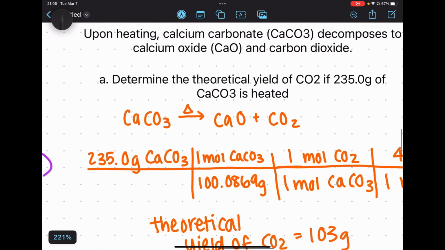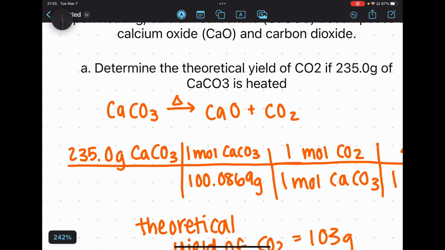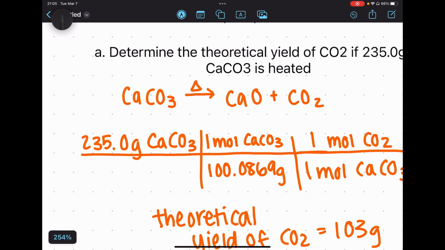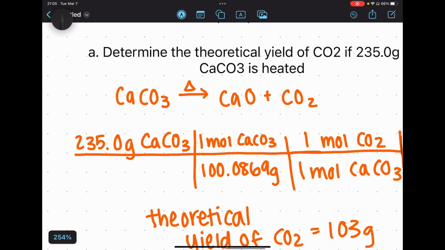So I know I'm starting with 235.0 grams of CaCO3. According to the balanced equation, all of them have a molar ratio of 1 to 1 to 1. So this makes this problem very easy. So I then calculate grams to moles, which is this step, the moles of CaCO3 over 100.0869.